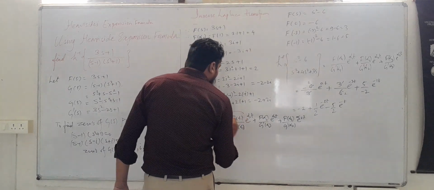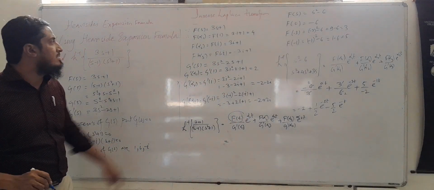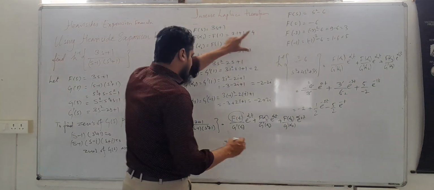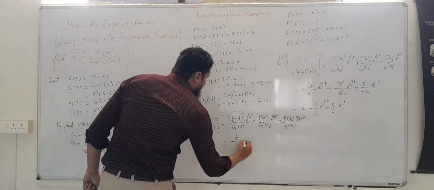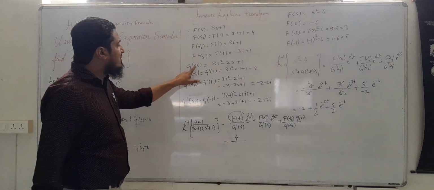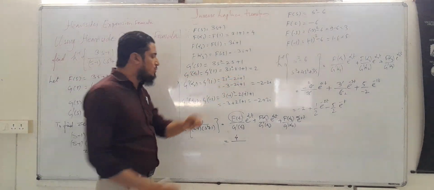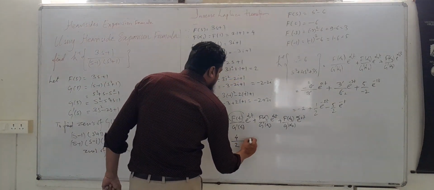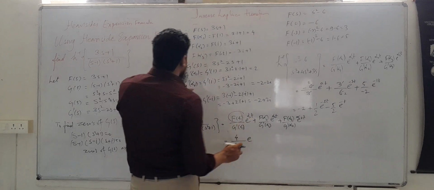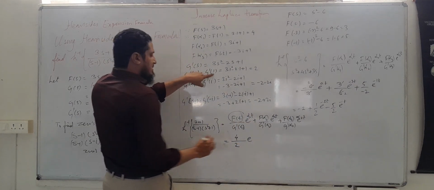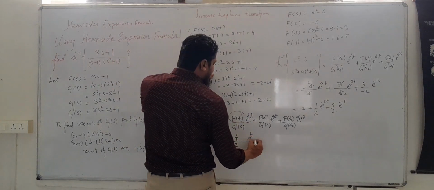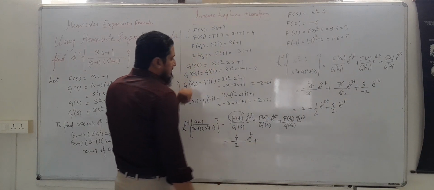Now putting the value of f of alpha 1, which is 4, as it is, and g dash of alpha 1, that is 2, e raised to, the value of alpha 1 is 1, so 1 into t is t, e raised to t only.